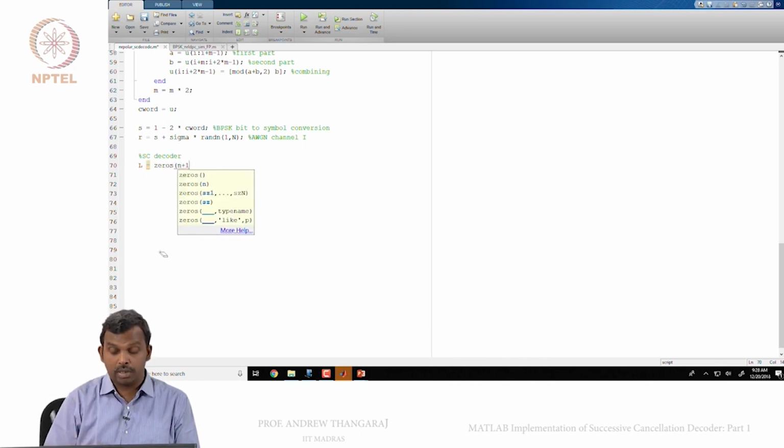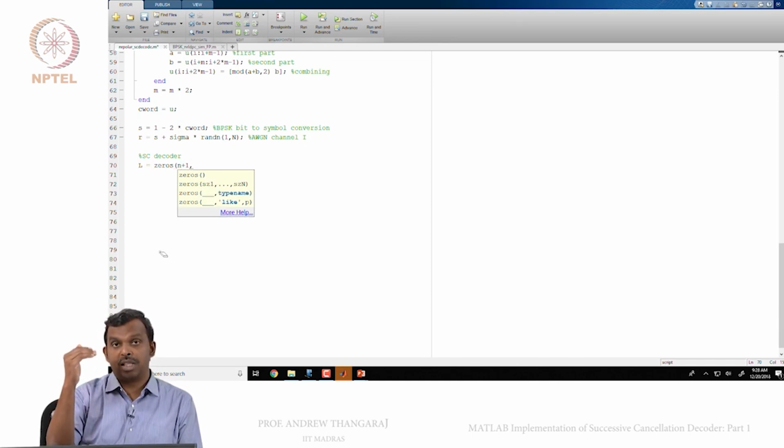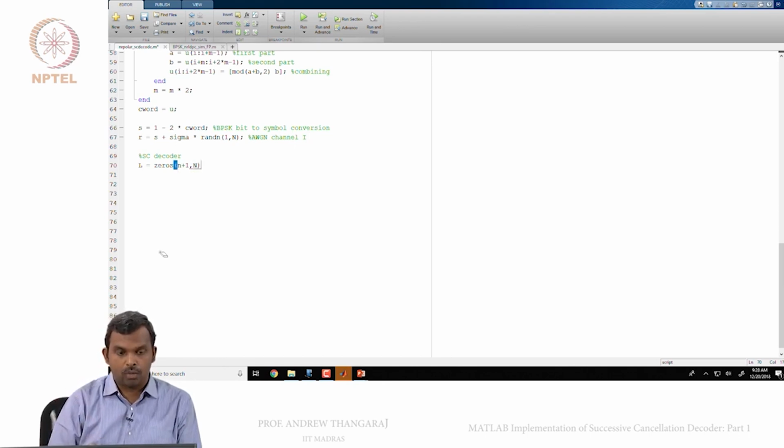What is the total thing I need? I need n plus 1 rows, if you remember, that is the depth that we had. Depth goes from 0 to n, so you need n plus 1, and on this side it is just n always. These are the beliefs. Then the state vector, the node state, which I am calling ns.